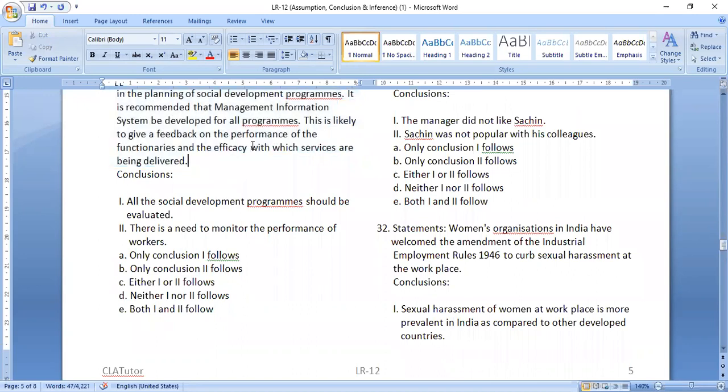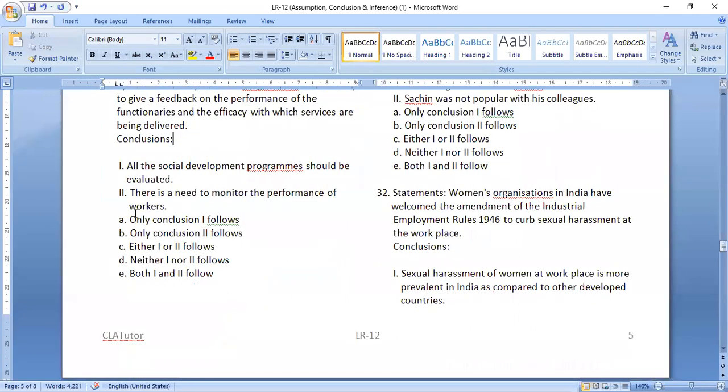Okay, efficacy is efficiency. Right. So all the social development programs should be evaluated. There is a need to monitor the performance of workers. What could an answer be?